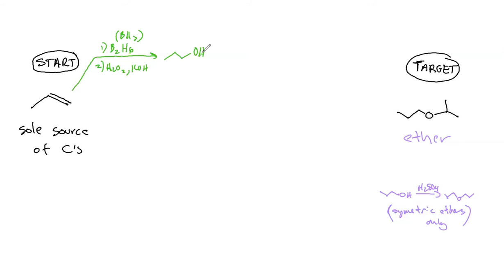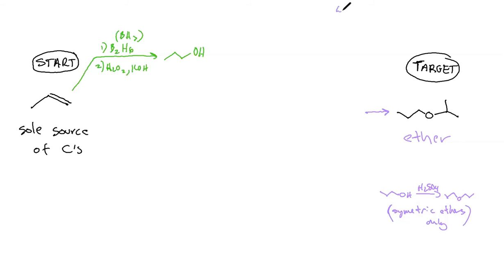Let's come back to this idea, though, of making the ether. In general, if we were going to combine 2 molecules to make that ether, what should they be? This is the Williamson ether synthesis. And we can think about this as a question in and of itself.